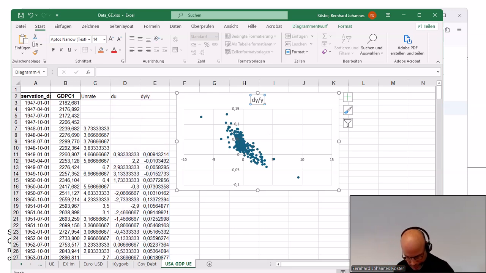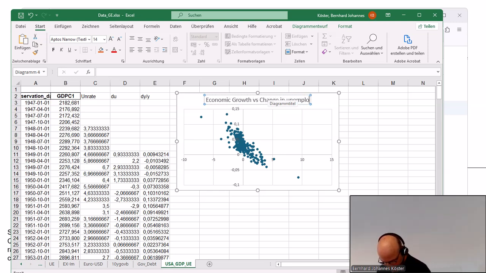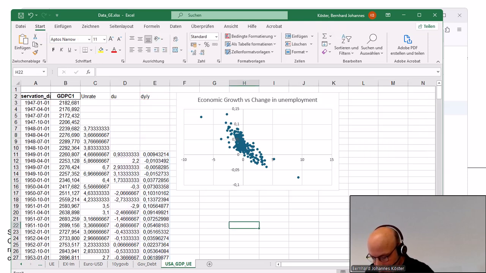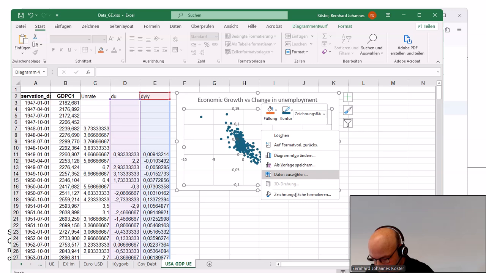And this would be then jobs, economic growth versus change in unemployment, and the axis. Let's go at first into the data so that we are right.